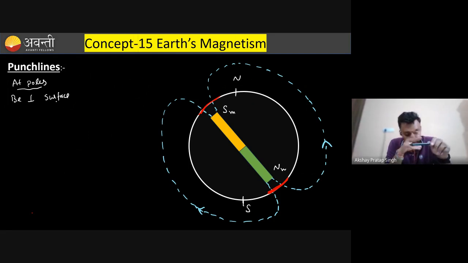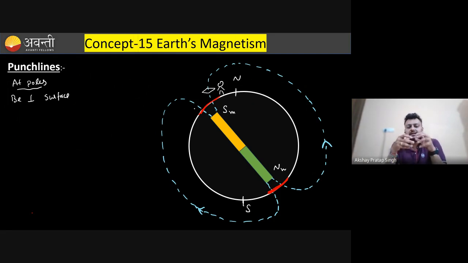Now listen to me. You are standing at the poles like this with some magnet in your hand. Suppose this is the magnet in your hand and this is you.